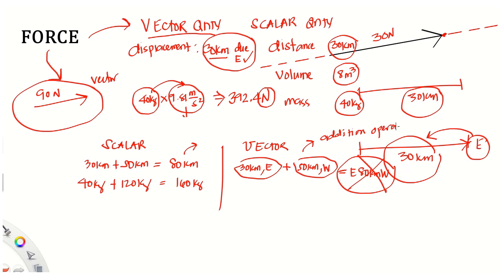We cannot do it like what we did with scalar quantities. You cannot do this. Addition operation is not applicable to vector quantities. Unlike scalar quantities, we can just simply add them and we would find the final answer. So vector quantities don't follow ordinary addition.